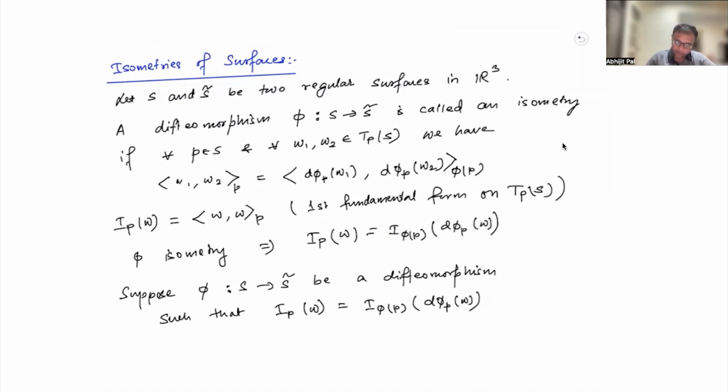Note that 2 times the inner product of W1 with W2 at the point p is equal to I_p(W1 plus W2) minus I_p(W1) minus I_p(W2). This you can check.